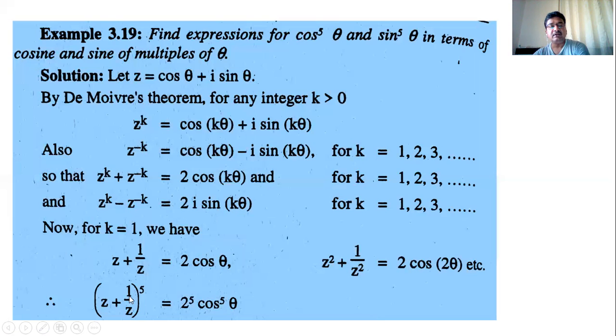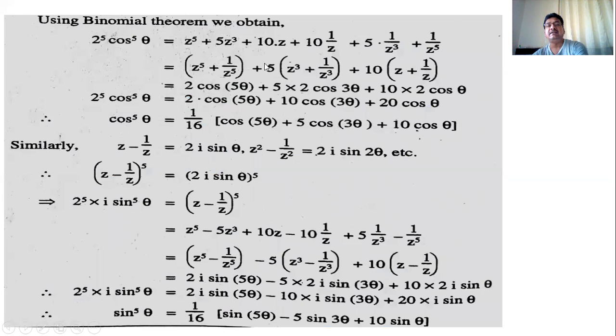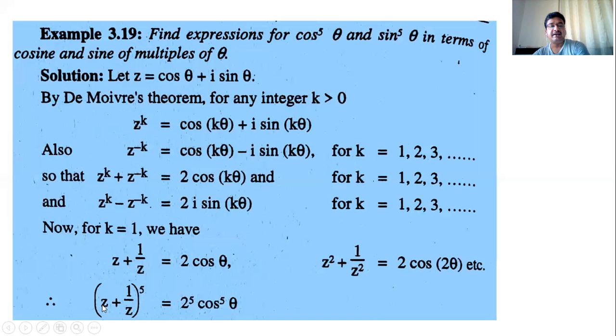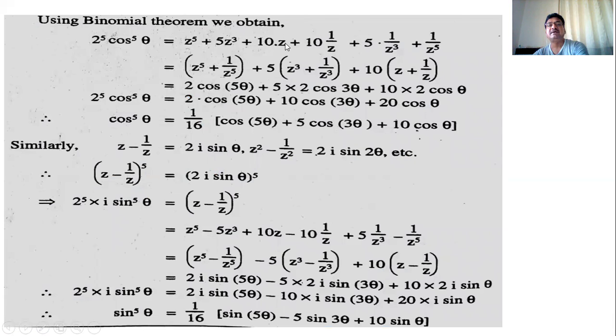Then the next term is 5C2, which is 10, and then z raised to 3 and 1 by z square. So z raised to 3 into 1 by z square is z.